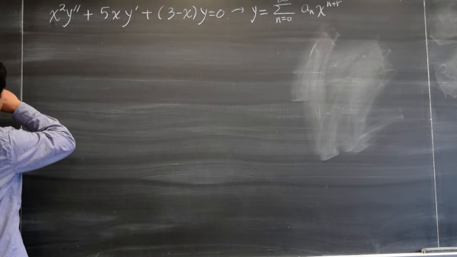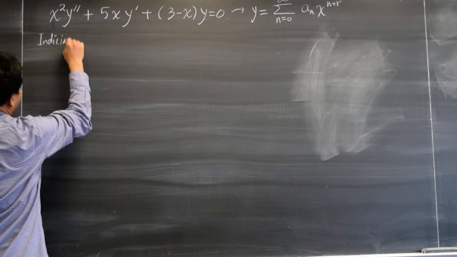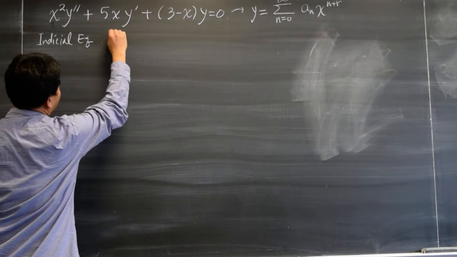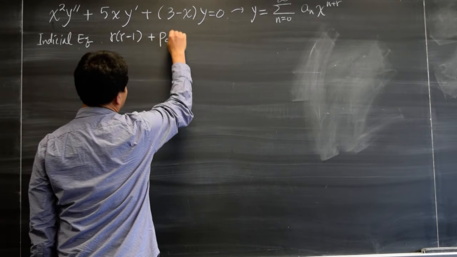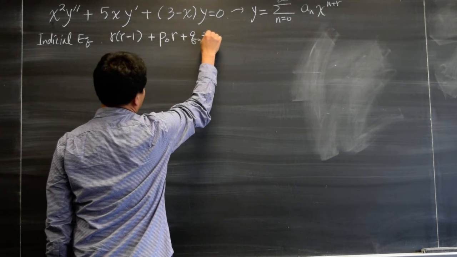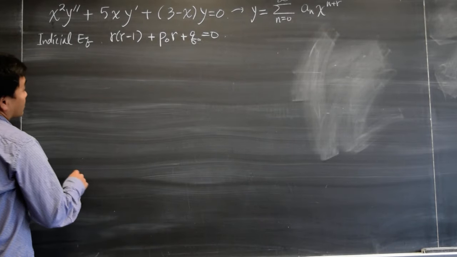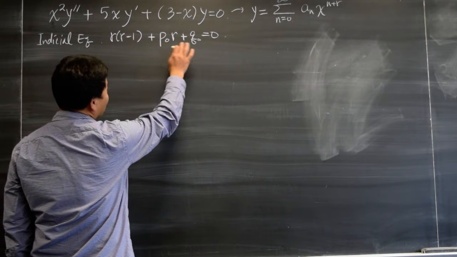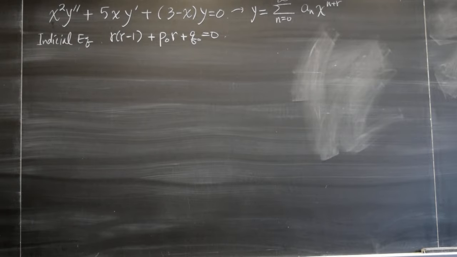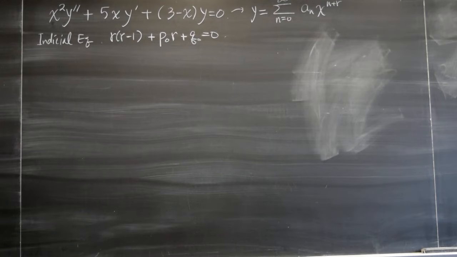The indicial equation was r times (r minus 1) plus p naught r plus q naught equal to 0, where p sub 0 and q sub 0 are special values of the functions p and q.